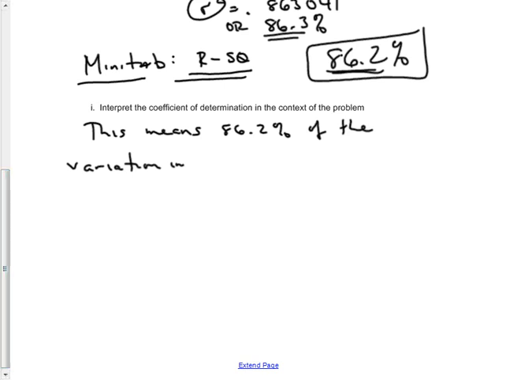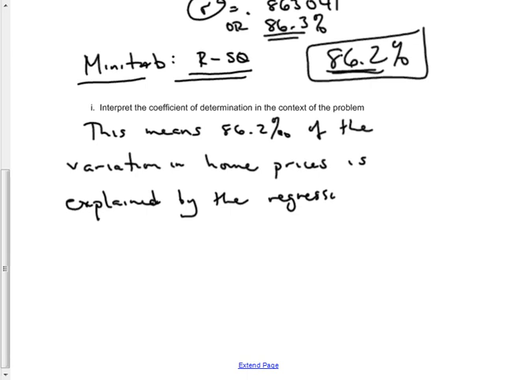We shouldn't really say y values because it wants us to write this up in the context of the problem. So instead of y values, 86.2% of the variation in home prices is explained by the regression line, or by the linear relationship between the home price and square feet.